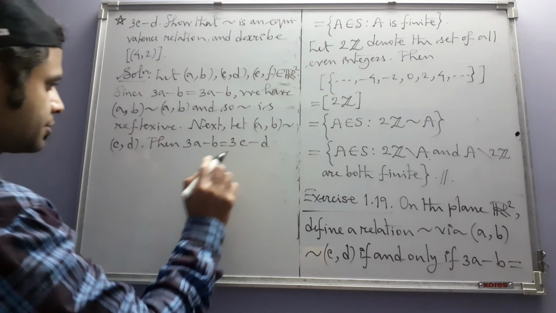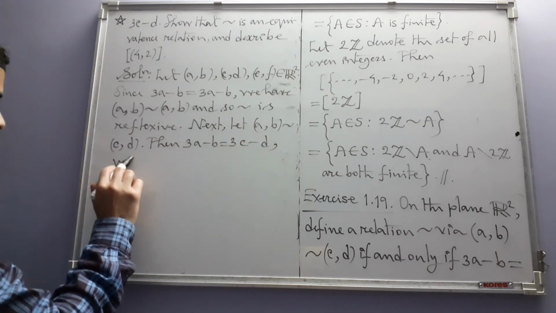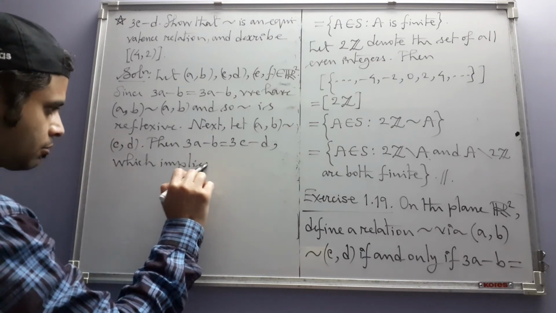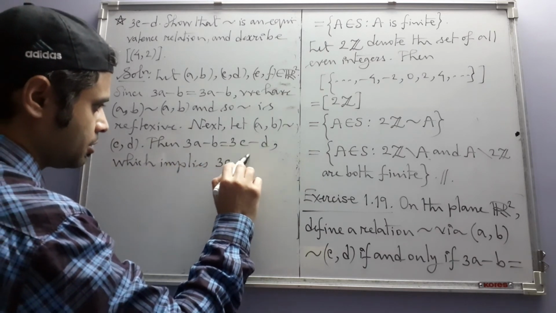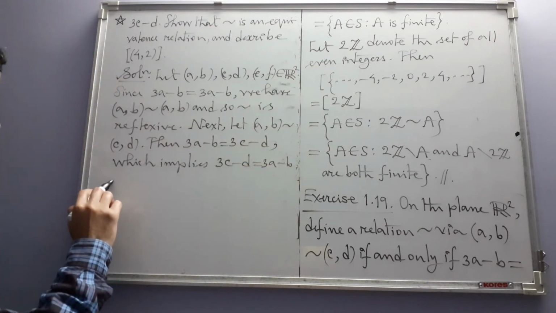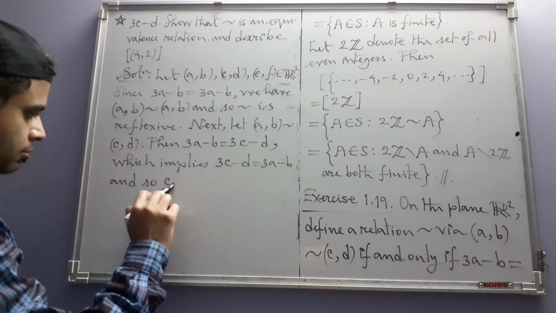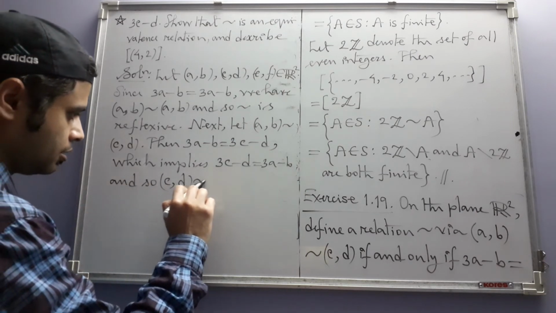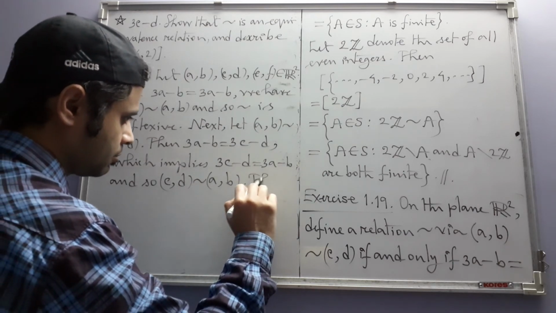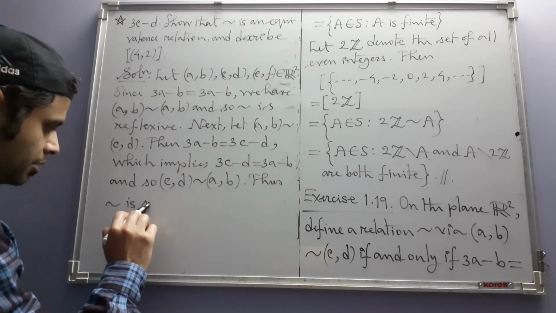Yeah, 3a minus b, which implies 3c minus d equal to 3a minus b, and so c, d is also related to a, b. Thus this is symmetric.